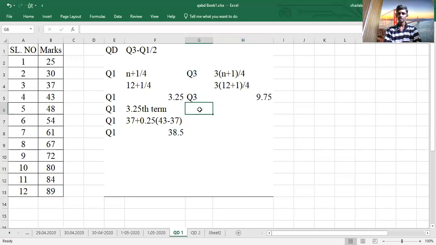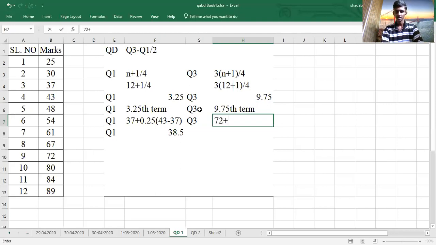Now by taking this 9.75, Q3 equals the 9th value, 72, plus 0.75 times the difference. We get this between the 9th and 10th terms. So the 10th value, 80, minus the 9th value, 72.